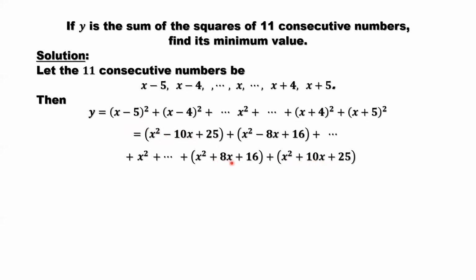You see it? Positive sign, negative sign. So that means we can cancel those terms. So on the left-hand side, right-hand side, now you can see what is the remaining part.